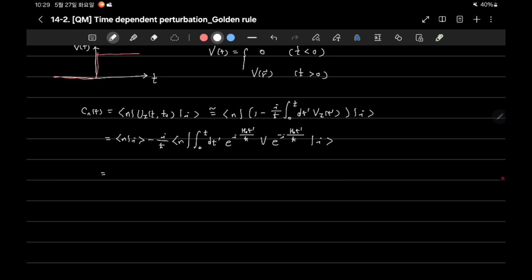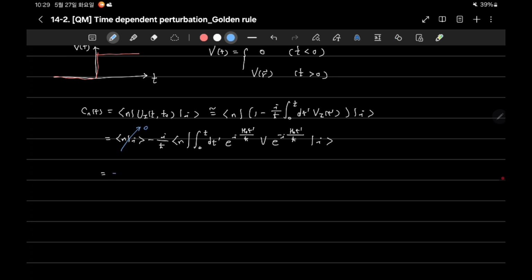Because I is the initial state and n is the final state, and initial and final are different, the first term is 0.